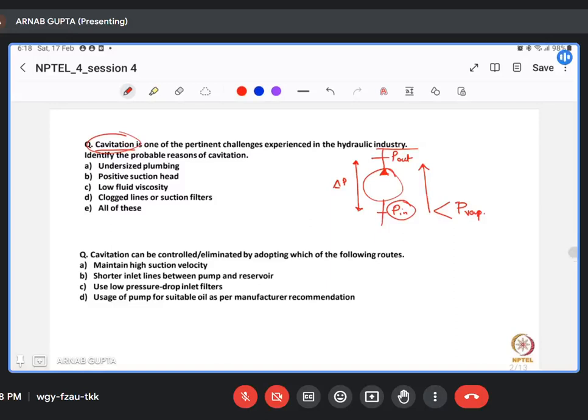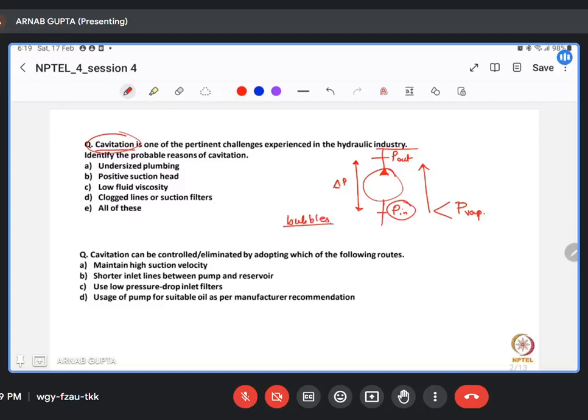It can be oil, it can be water. Then, as you all know, if pressure falls, the vaporization tendency also increases. The liquid tends to vaporize. If this pressure falls below the vapor pressure of that particular liquid, then bubbles start forming, as the liquid gets converted into its vapor state.